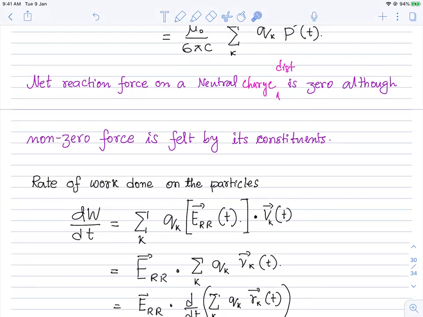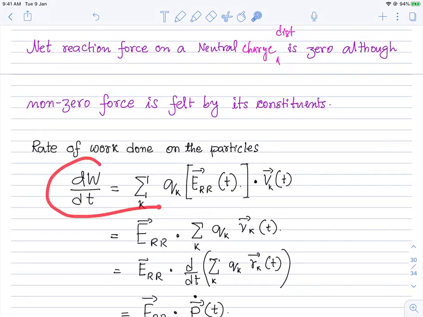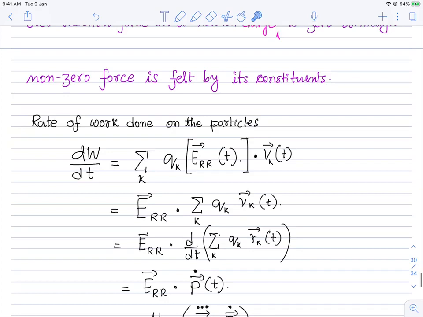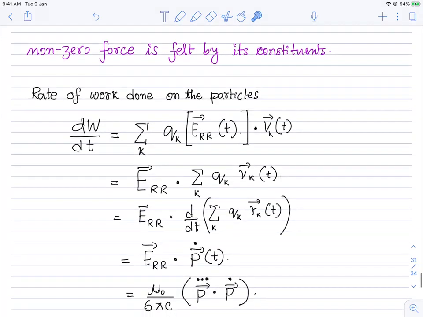Now, if we try to find the work done per unit time because of this force on these charges, work done is this force dot dr. So work done per unit time is force dot the velocity, and that dr is the change in location of the individual particles.